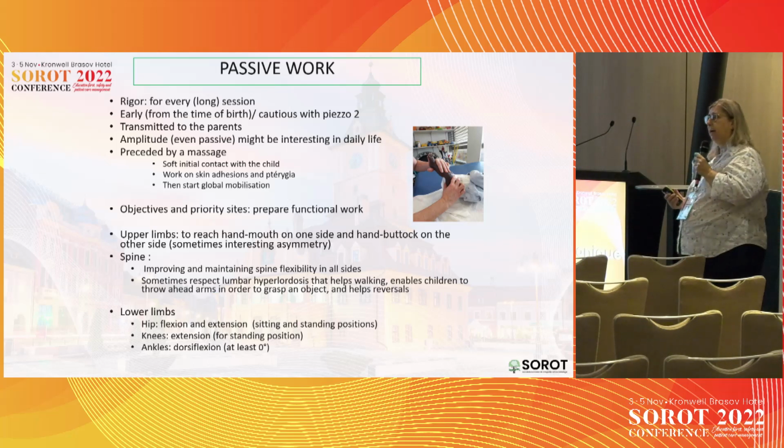the best time to grow the joint amplitude is the third month of life. So you have to begin your work very early after the birth. But all the life, and we see that when you stop, the joints turn back to the first.